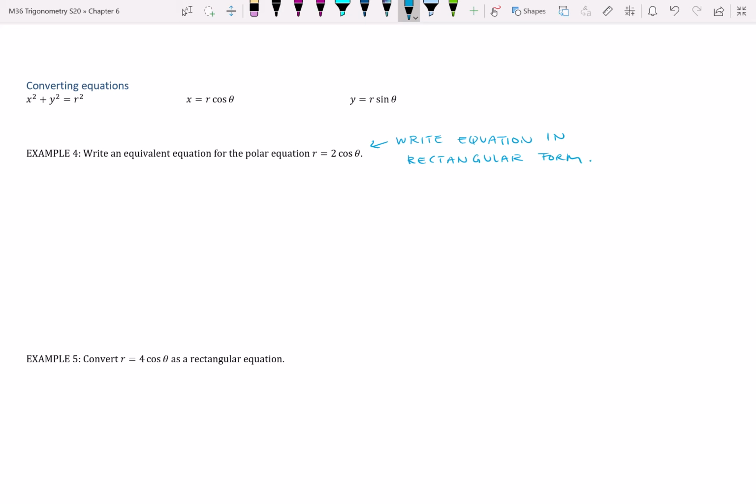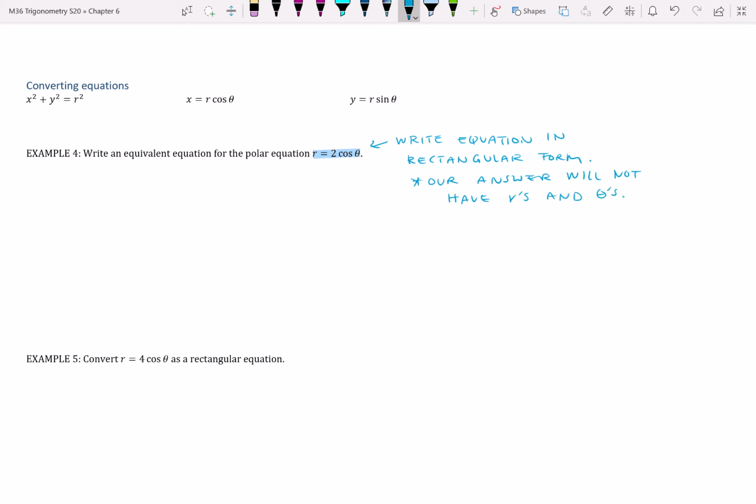We want to make sure that our final answer doesn't have r's and it doesn't have thetas. Our answer will not have r's and thetas. At the end, we shouldn't have those.